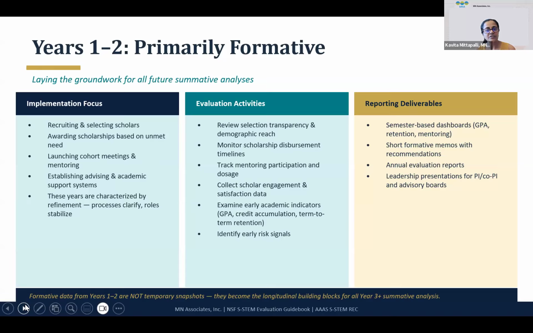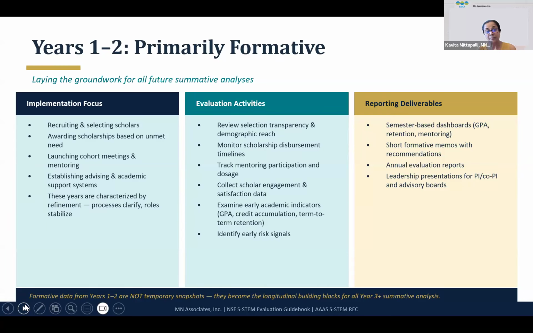You're also collecting scholar feedback on EBPs such as sense of belonging and financial stability, while also examining very preliminary academic indicators: courses taken, GPAs, credit accumulation, and term-to-term retention. At the same time, you're watching for early risk signals like withdrawal patterns or low support engagement.